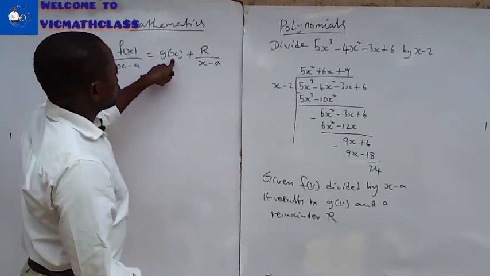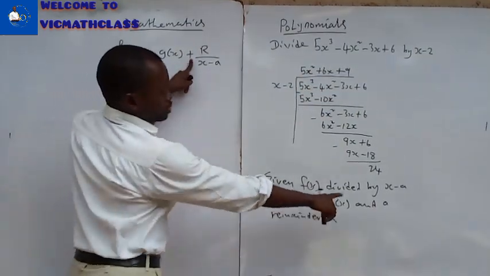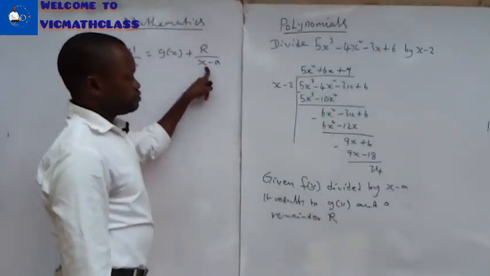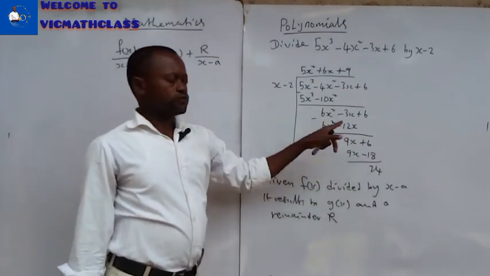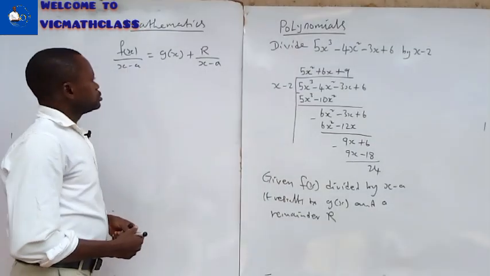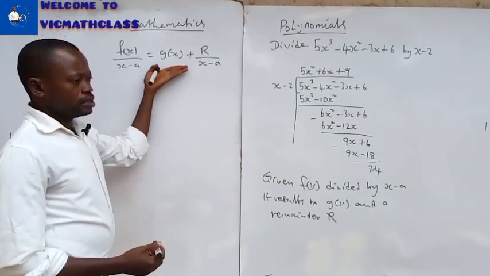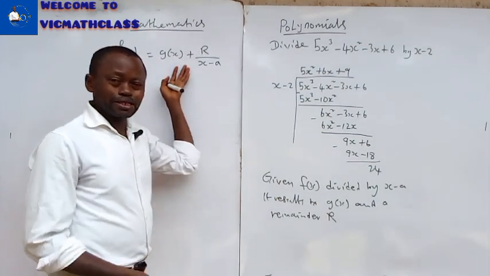It gave us a result. The result is 5x squared plus 6x plus 9 plus a remainder 24, which is yet to be divided by that. So this is a way to explain the remainder theorem.